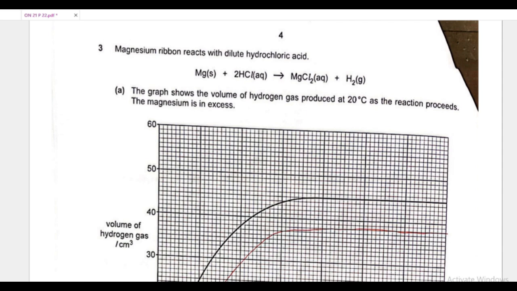Now number 3, magnesium ribbon reacts with hydrochloric acid to produce magnesium chloride, salt and hydrogen gas. So the graph shows the volume of hydrogen gas produced at 20 degrees centigrade as the reaction proceeds.